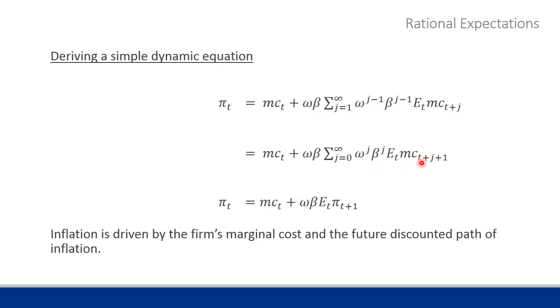We've rolled back the progression to make it look more like the expected value of pi t plus 1, which we can take from the original equation here. So we've written pi t is equal to marginal cost plus omega beta times the expectation of future inflation. And what we have here is in fact the New Keynesian Phillips curve, derived easily from relating inflation to the future discounted expected stream of marginal cost.